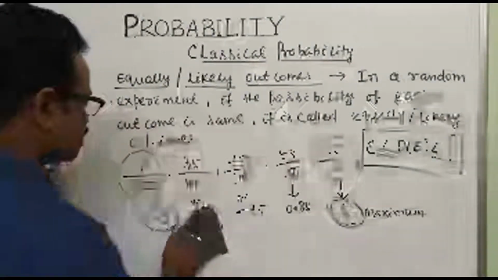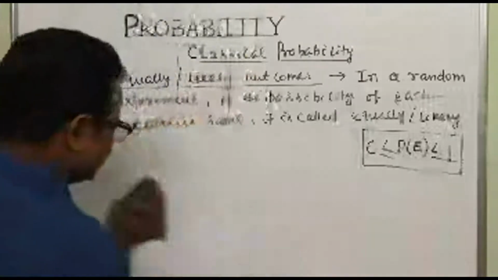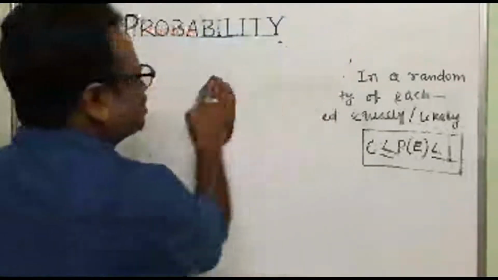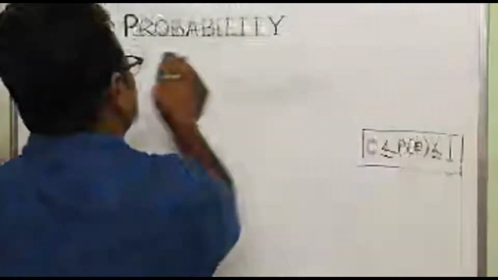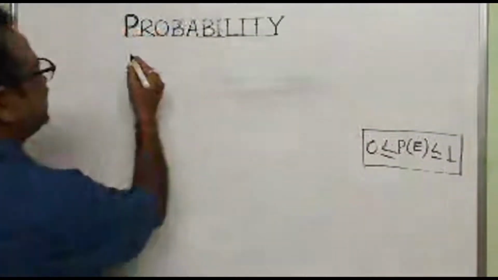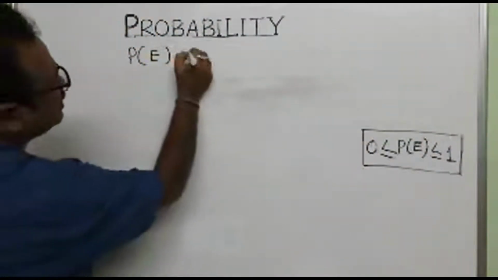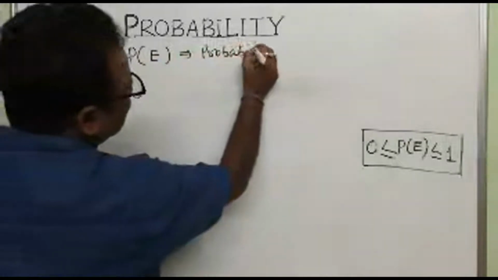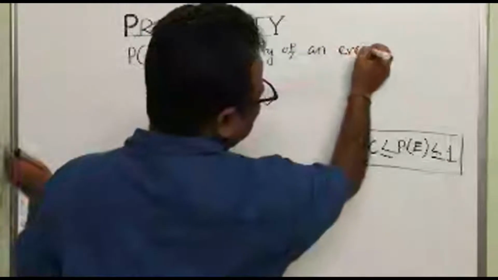Now see, the probability of the event lies between 0 and 1. Now, removing all these things from the board, only this part. When we say P(E), it means probability of an event or experiment.